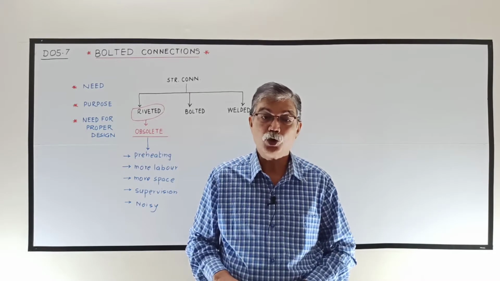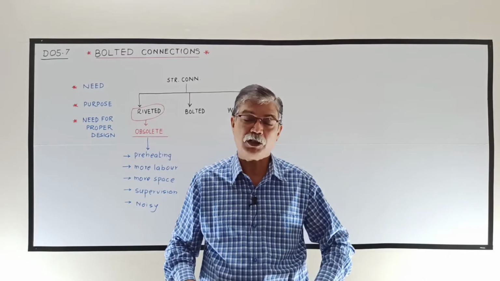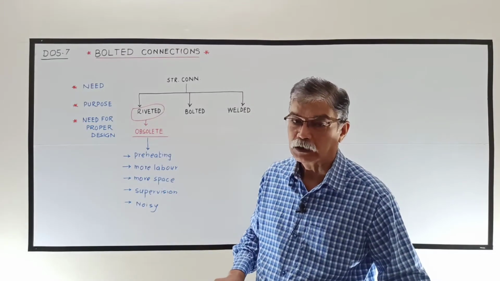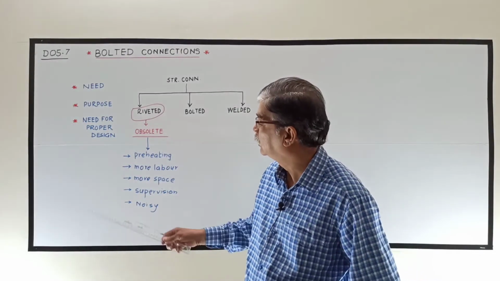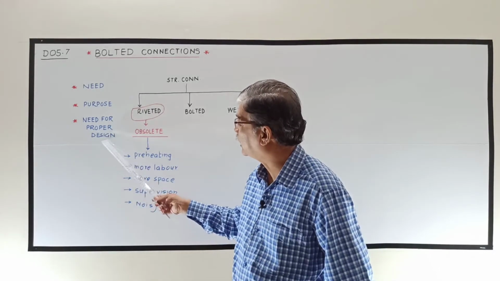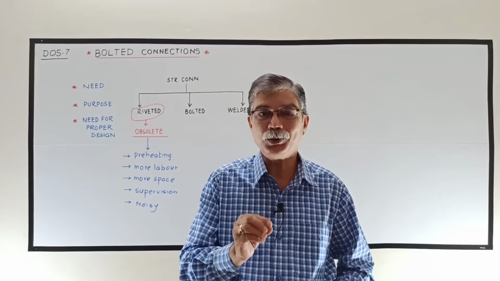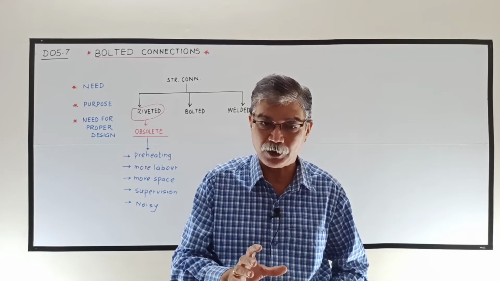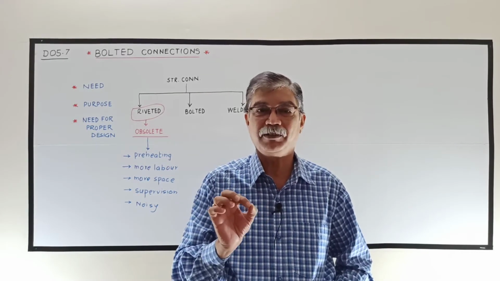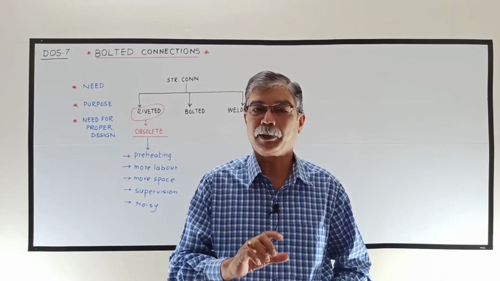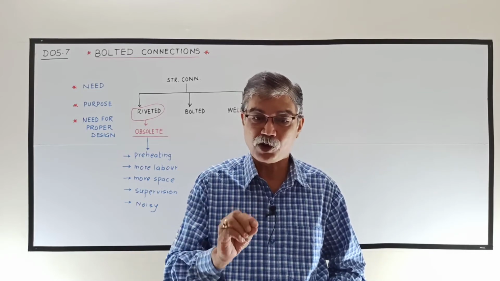Okay? So this is very important for the proper design of connection. So why is it necessary to design the connections properly, do you understand? Because connection is the weaker link and its failure is sudden. We have to avoid that failure.